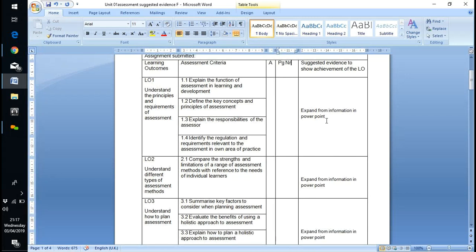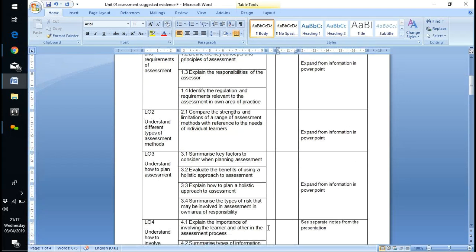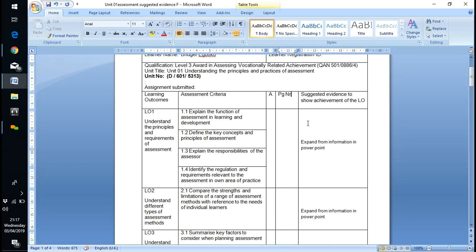So again, the PowerPoint that covers these areas you can expand in your workbook from the information in the PowerPoint. And it's the same thing in all those boxes. All I do when I do my assessment, I'll get rid of that, and then I'll write my assessment in here. I may just say, in this case now I've made it easy, see workbook T1 or T3 or whatever it is, page 3 or page 2 or whatever.